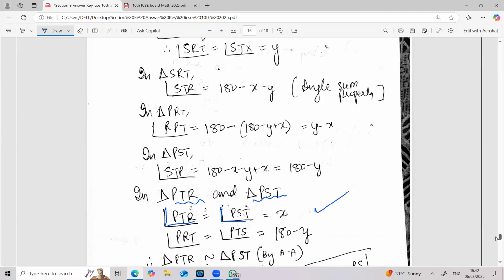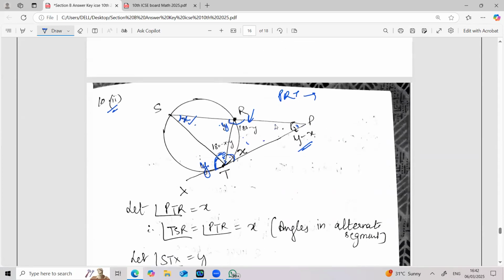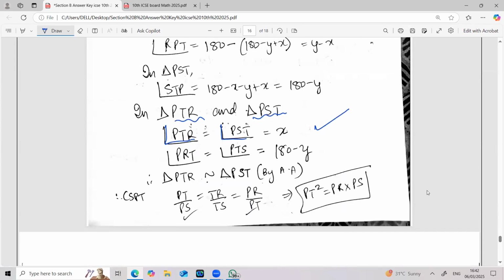Next, I've taken the 180 minus y combo. In the small triangle PRT, angle PRT is 180 minus y. In the big triangle, I'm getting angle STP as 180 minus y. So yes, the two triangles are similar by AA.